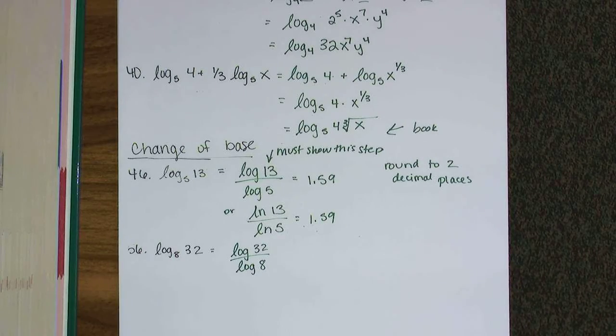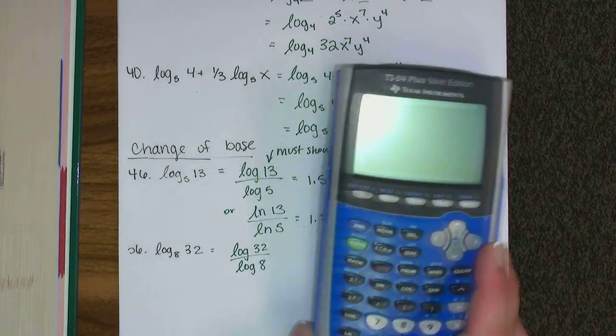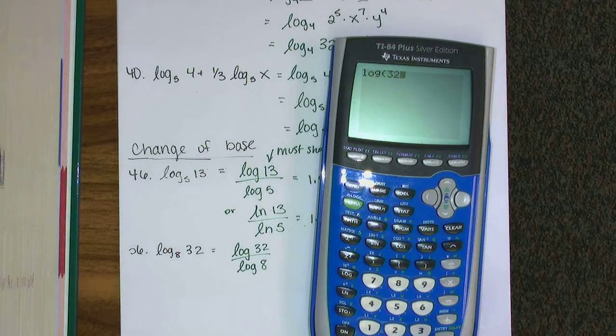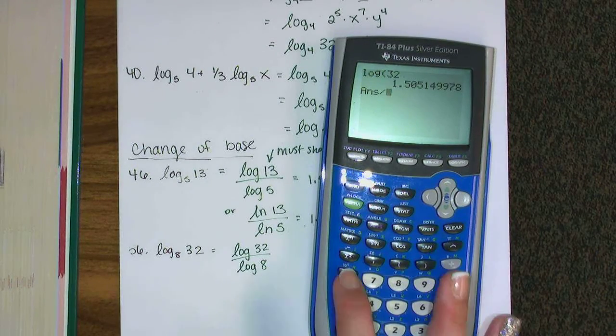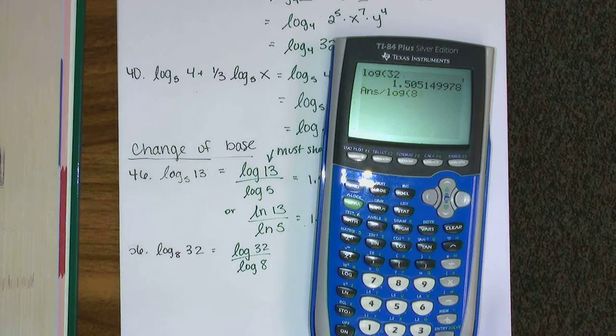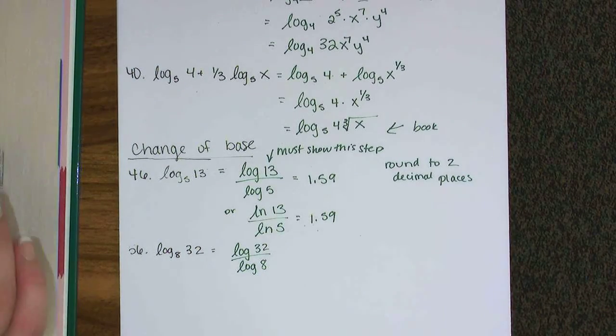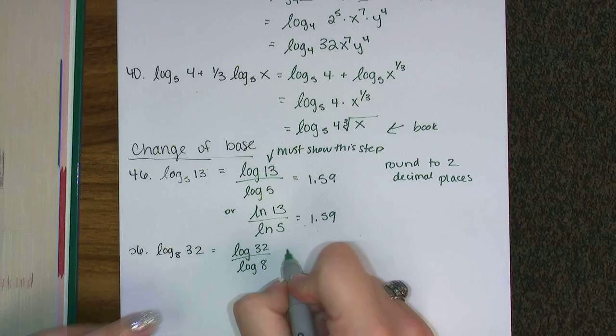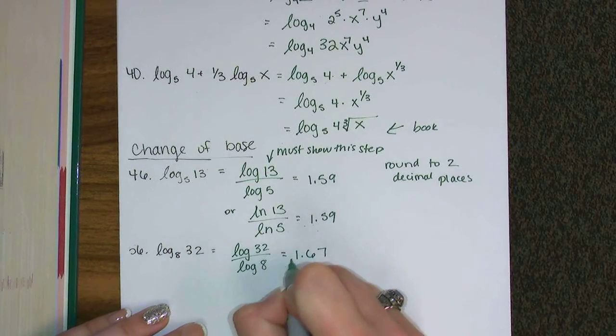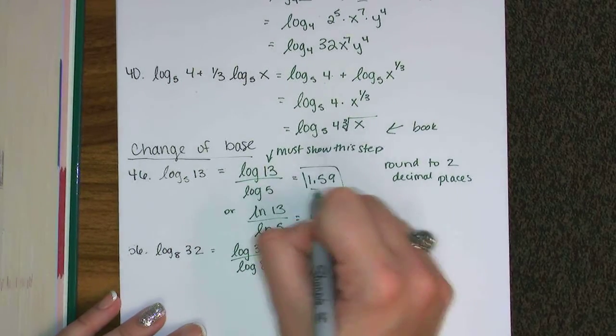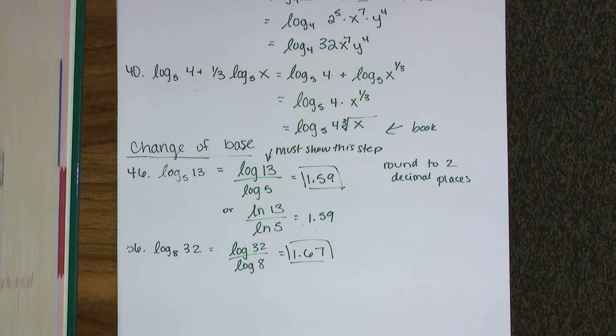So over on my calculator, log of 32 divided by log of 8, 1.66 repeating, so 1.67 is going to be what we put down. Okay, and these that are just numbers, I should be boxing their answers.